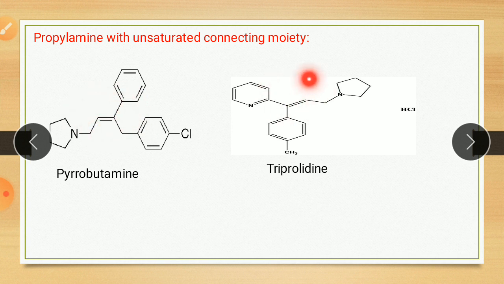Here also there is an unsaturated or sp2 hybridized carbon, which is the connecting carbon. Examples are pyrobutamine and tripolidine. Due to the double bond, there are E and Z isomers. In the case of tripolidine, the E isomer is more potent than the Z isomer.